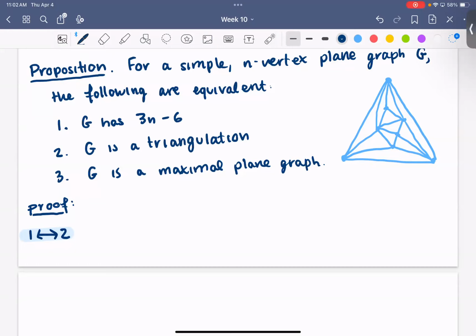Okay, does anyone have an argument for the equivalence of 1 and 2?